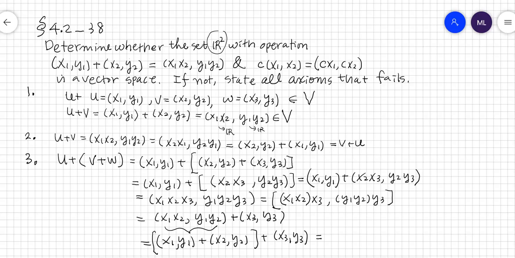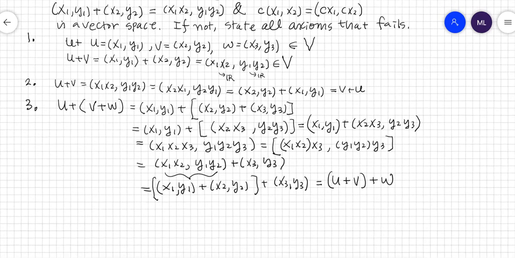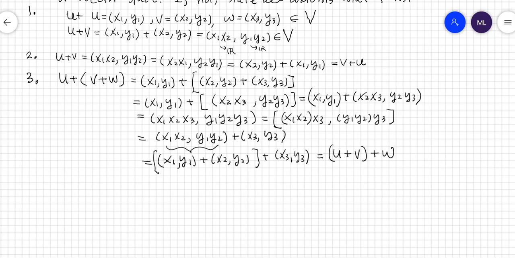So in turn, this is u plus v plus w. So the associative property is satisfied. That's axiom 3.